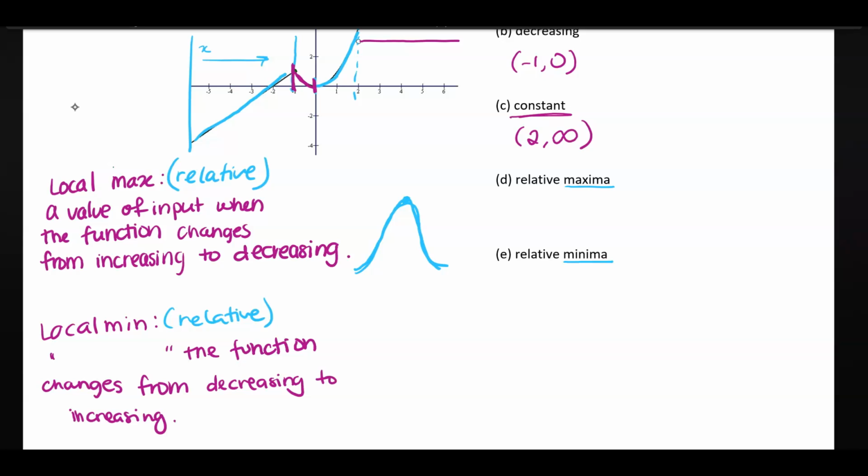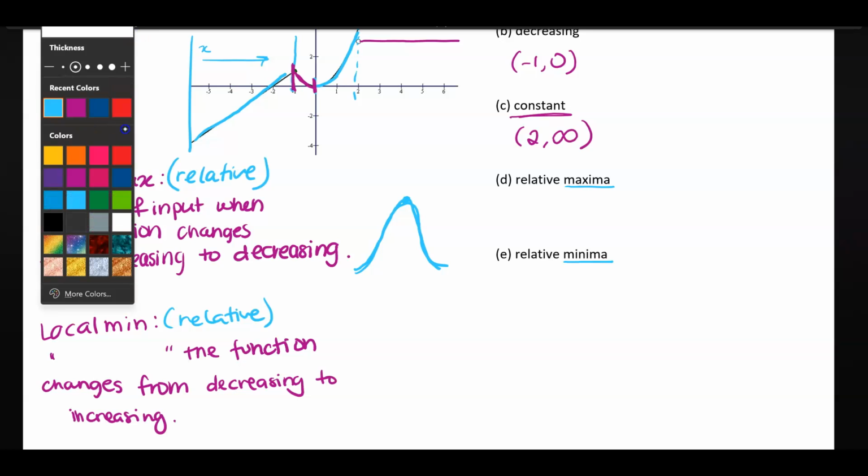Now, there is a difference. This is local or relative, and it's based off of being within a closed interval. A function can have a local or relative maximum or minimum in a specific interval, but it can also have what we call an absolute maximum and an absolute minimum.